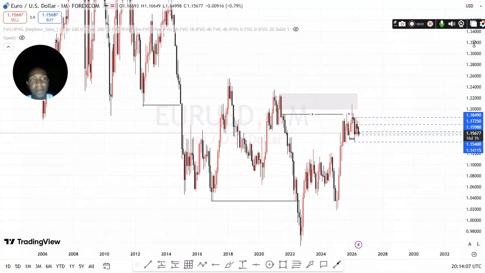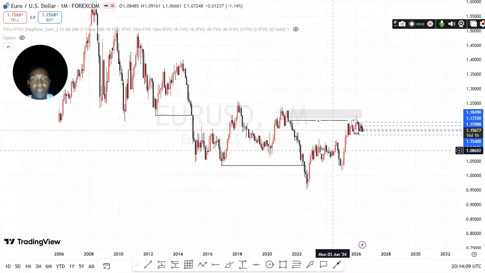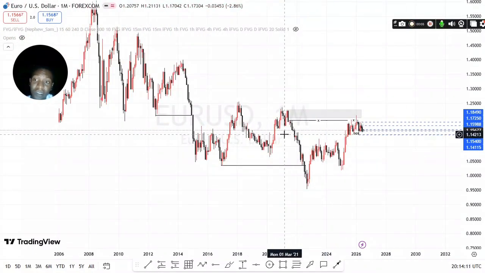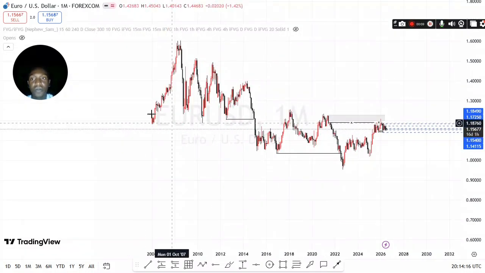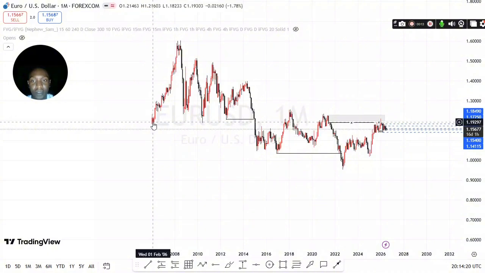EURUSD, this is the pre-weekly analysis. From the monthly time frame, I think EURUSD started around 2006.